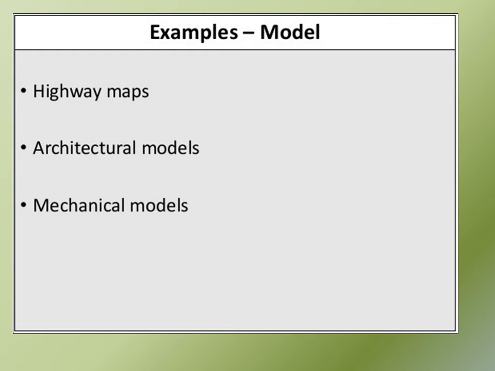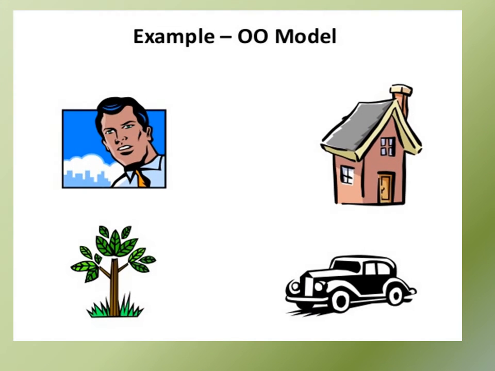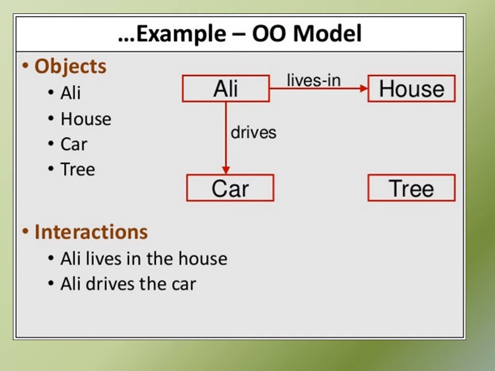Examples of models are highway maps, architectural models, mechanical models. So these are live examples of models. A few more examples of models are person, house, tree, car, etc. Example of the model: see the objects Ali, house, car and tree.